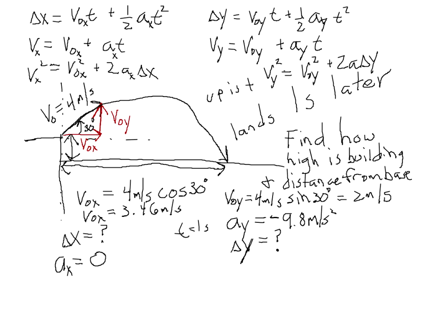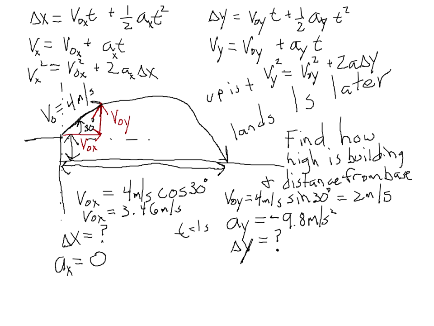Right, so after step 1, which is resolve the velocity into its x components and its y components, step 2, write down what you know and what you want to know. Step 3 is pick one of the things that you want to know and decide whether that's an x question or a y question. Right, so if we pick how high is the building, clearly that is a vertical motion question.